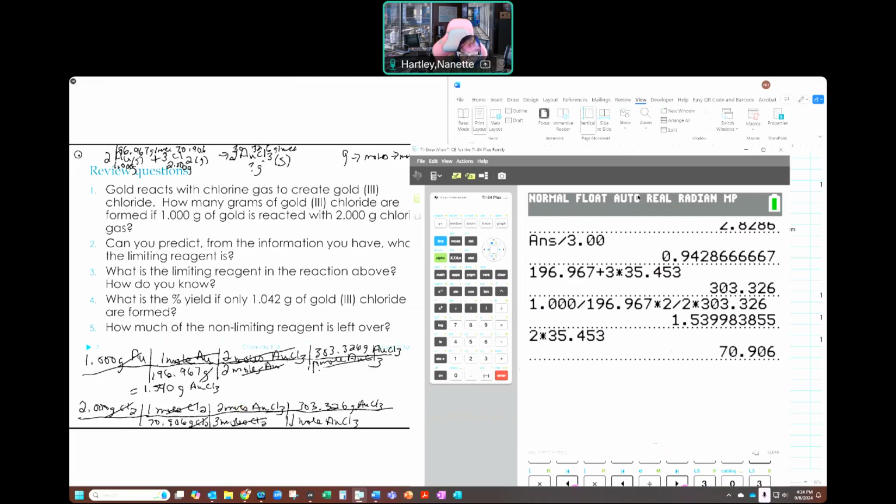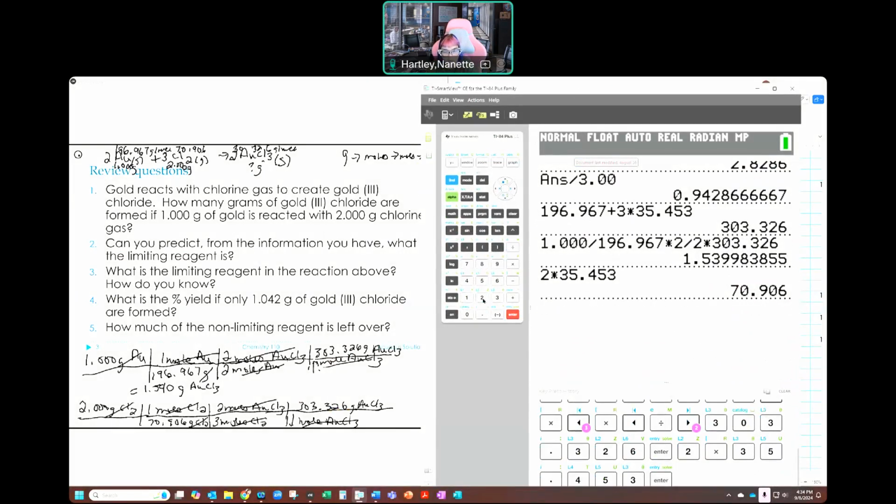It should not be here, and it doesn't belong there. This is the mass for 1 mole, not 2 moles, and so it needs to reflect 1 mole. So this moles goes with this moles, that goes away. Okay, so now we do the happy math that comes from this.